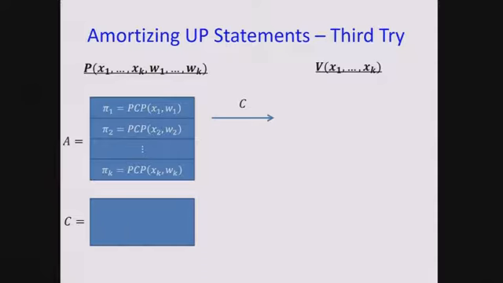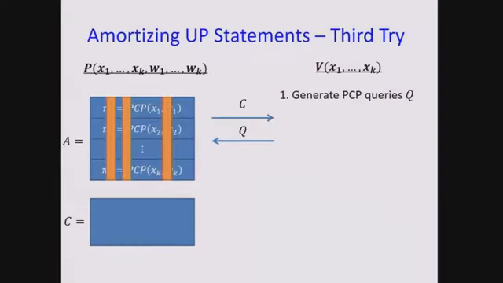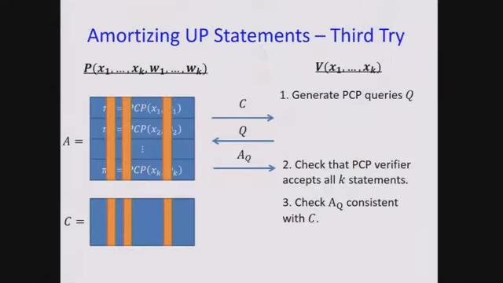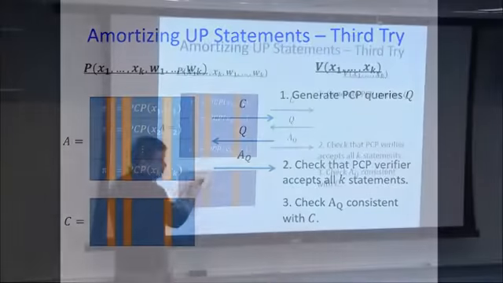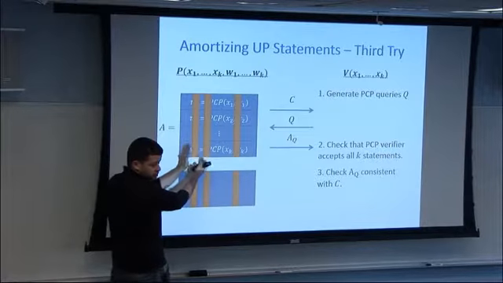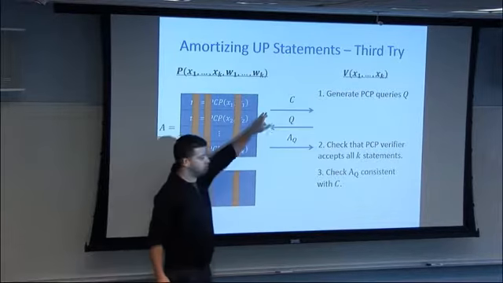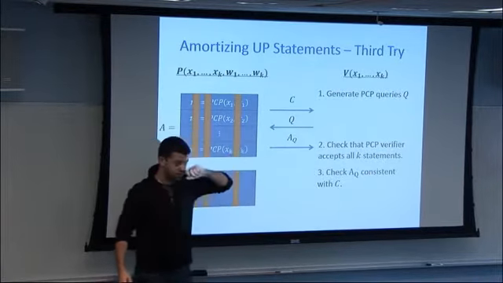Now the prover sends this more elaborate commitment to the verifier. The verifier generates PCP queries, reads the columns, and gets back the responses. As before, given these responses, we can compute the encoding ourselves, so it's important that it's efficient, and check consistency with what the prover sent over in C.